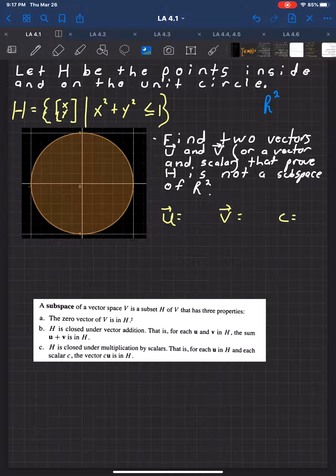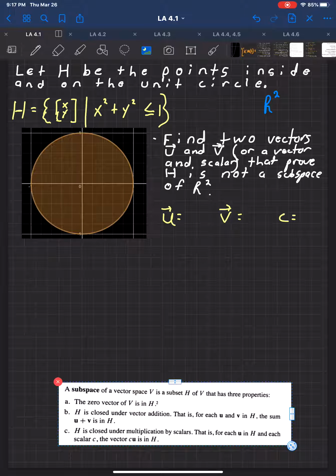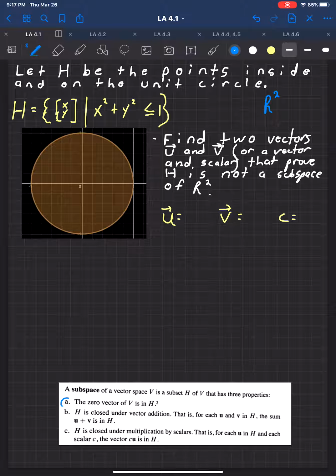Let me give myself a little bit of space. And how are we going to do this? Well, let's see here. The first thing I would do, if I'm a student in your seat, is start with the zero vector, right?